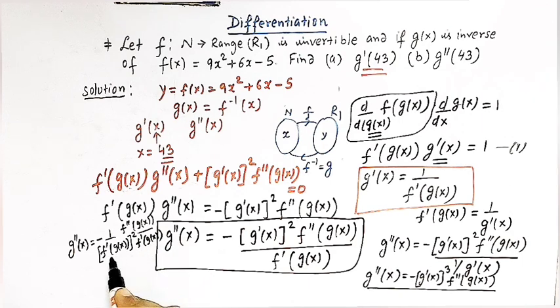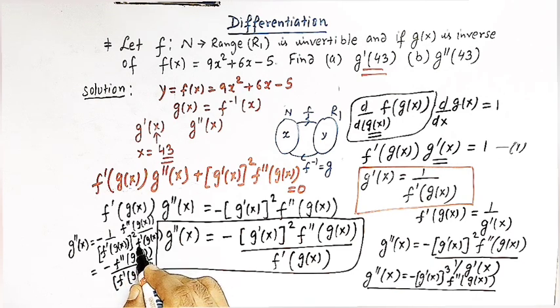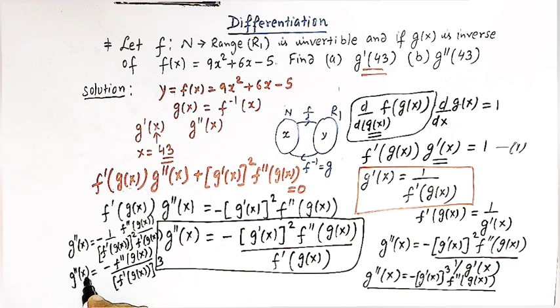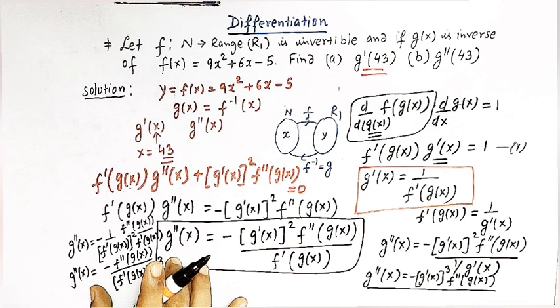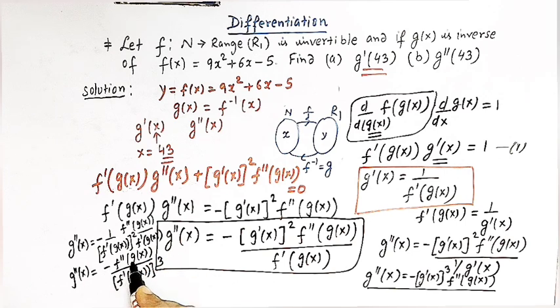Now if these terms get multiplied, we have minus f double prime of g of x divided by f prime of g of x, where the power is 2 in one place and 1 in the other, so this is the cube. So the second derivative of g of x can be given by this expression also: minus f double prime of g of x divided by the cube of f prime of g of x.